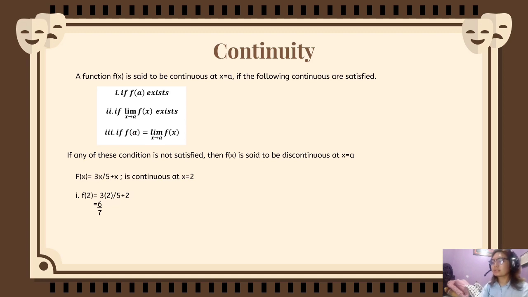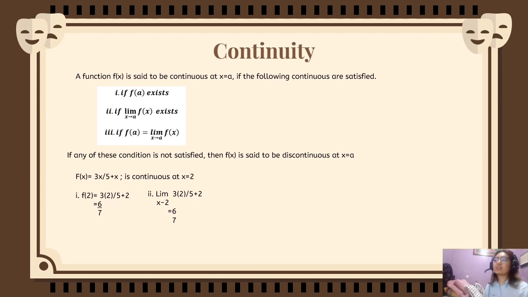Okay siya, it's continuous at 3 times 2 is equivalent to 6 all over 7. Ayan siya. Then, ito yung pangalawa natin, ginawa natin yung step 2. So, nag-equivalent din siya sa 6.